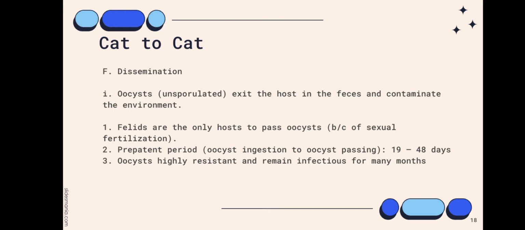First, felids are the only host to pass oocysts because of sexual fertilization. Second, the prepatent period, from oocyst ingestion to oocyst passing, is 19 to 48 days. Third, oocysts are highly resistant and remain infectious for many months.